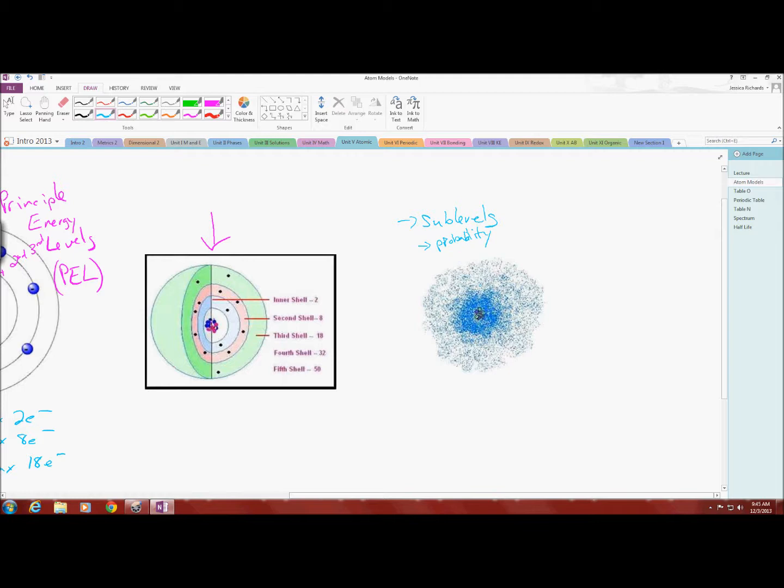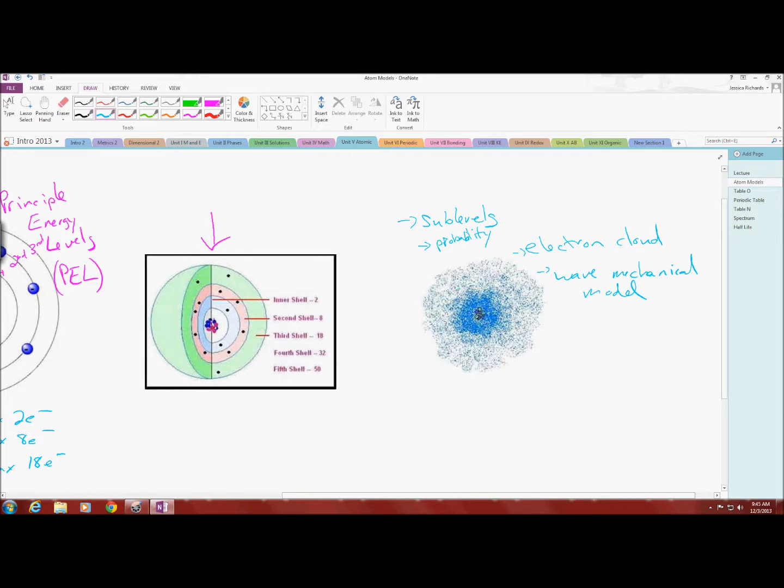And if you were to take a snapshot, so this is the electron cloud model, or sometimes called the wave mechanical model. It says that there is a mathematical probability that the electrons are going to be within a certain region more of the time than they are in other regions.